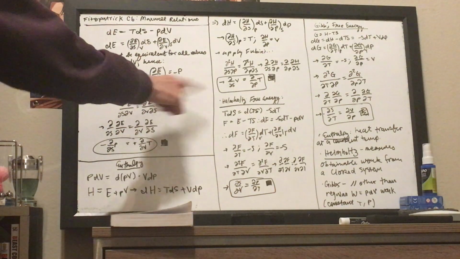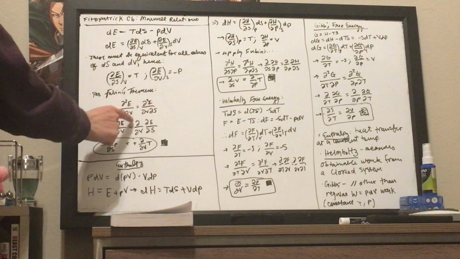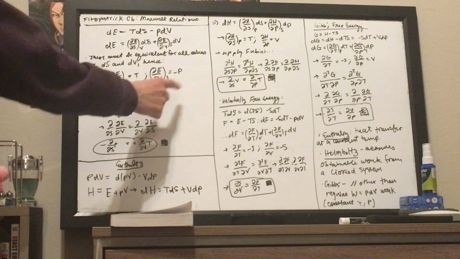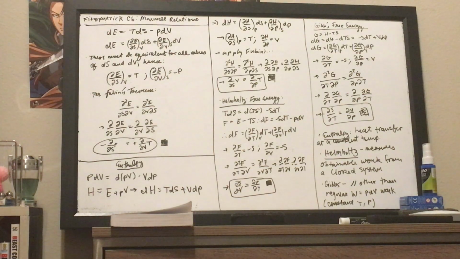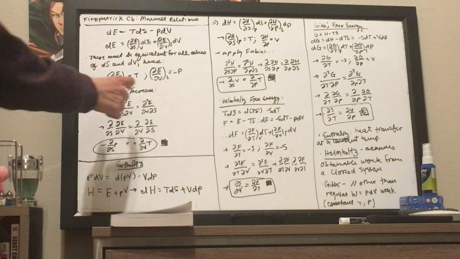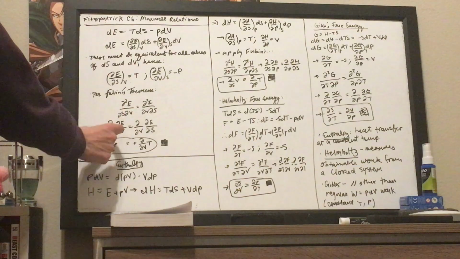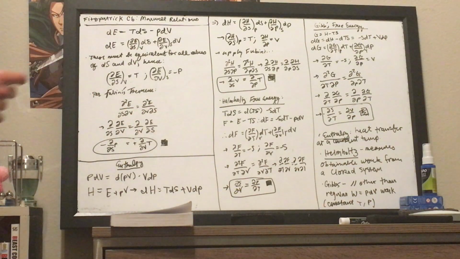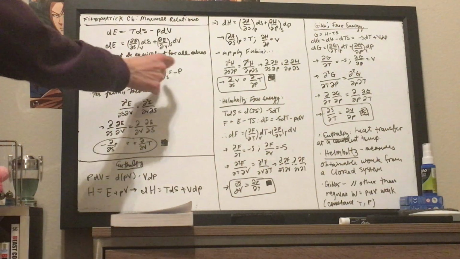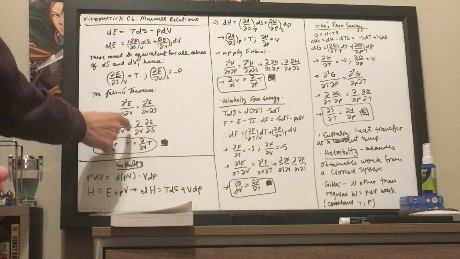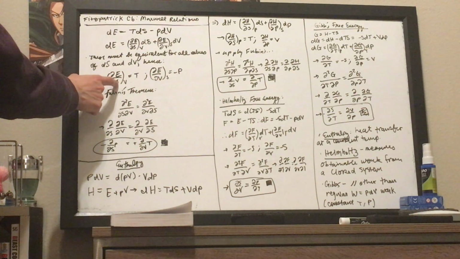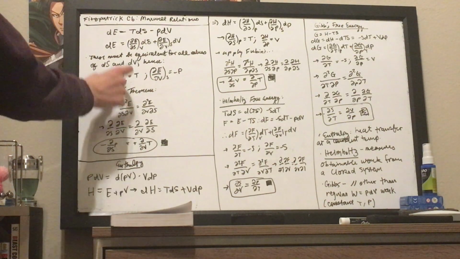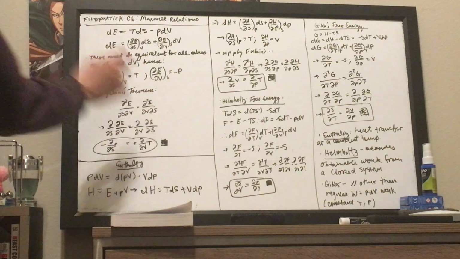So if we had some expression for energy with parameters S and V and we did those partial derivatives in that order, we're going to get the exact same expression. So we can break off the partial derivatives, segment them out to isolate our terms, and then we can just plug in our values that we've already uncovered earlier for our partial derivatives with respect to V and with respect to S, and then we just drop them right into our final expression.